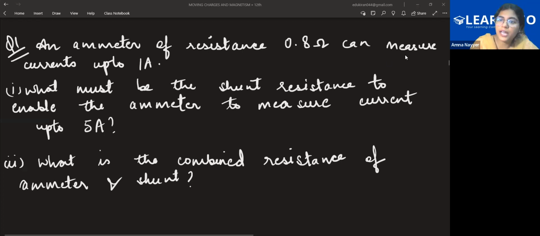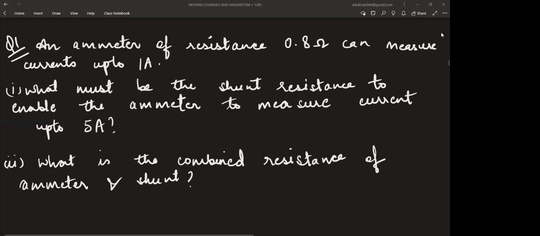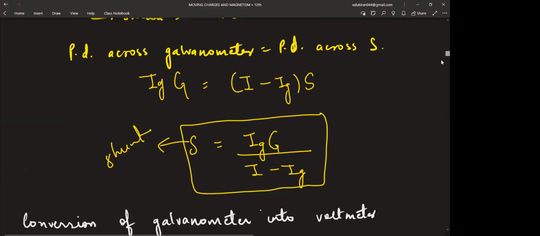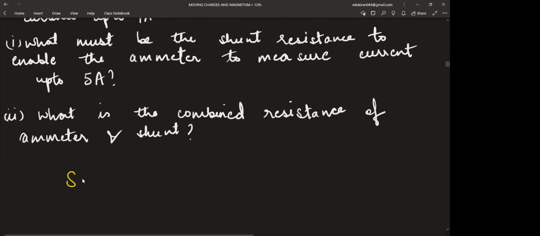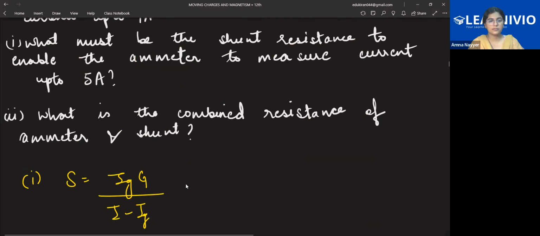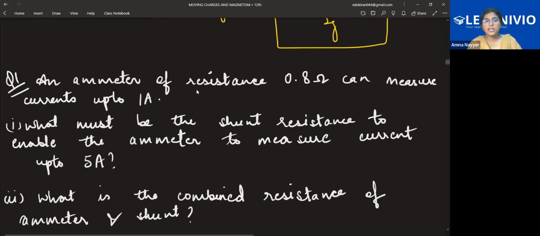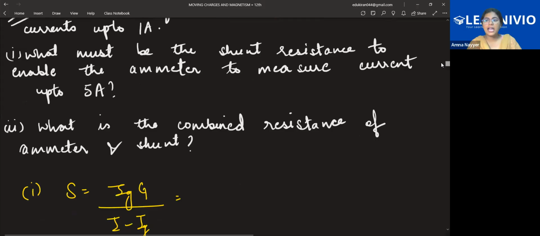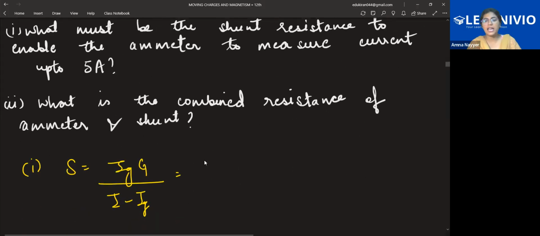We have already seen the formula here. This one we are going to use: S is equal to Ig into G divided by I minus Ig. Now our ammeter is this galvanometer and its current is 1, so Ig is 1.